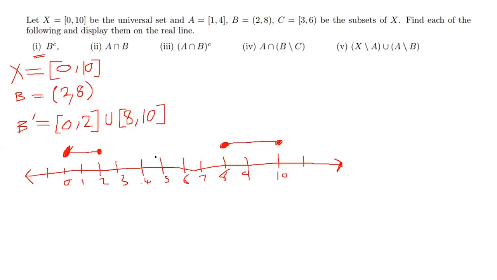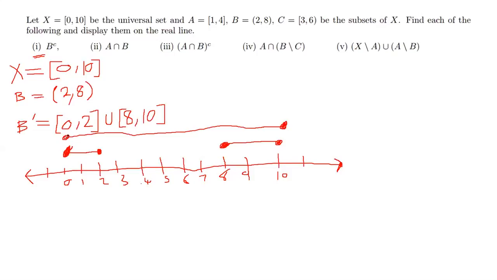And then I'll also add the universal set on top there, just to tell them that I have the universal set. So this is the universal set. And when you look at it, it is closed on both ends. There are a lot of ways in which you can show these sets on the real line.